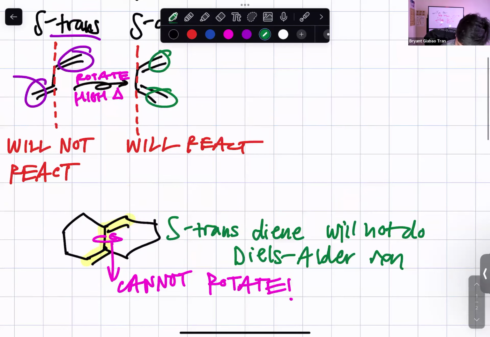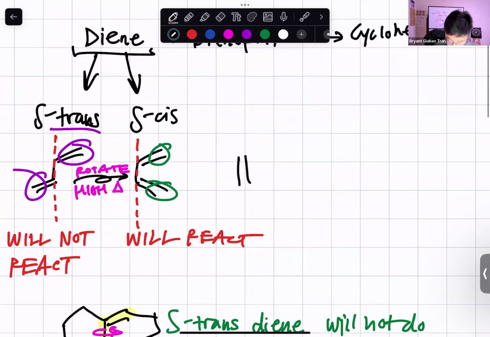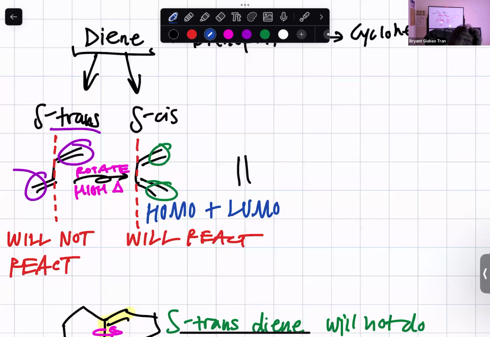Let's just put a dienophile like that. So conceptually, the HOMO of the diene will react with the LUMO of the dienophile. Let's make that clear: HOMO of diene reacts with LUMO of dienophile. So let's see what that means.